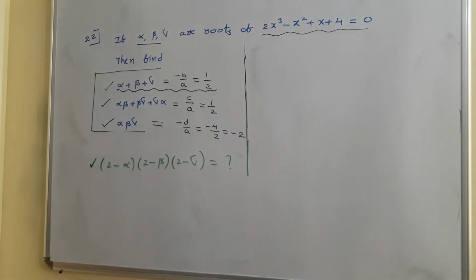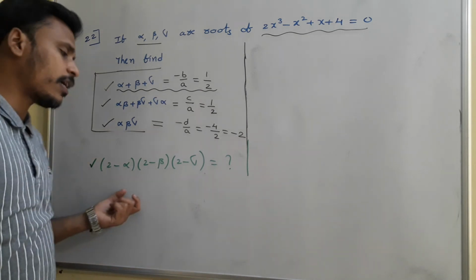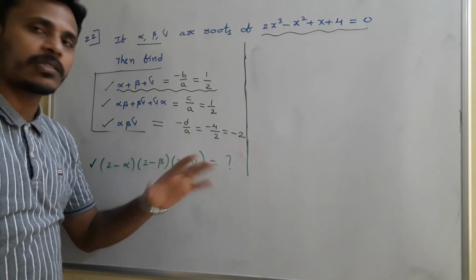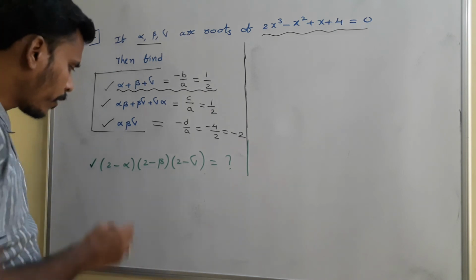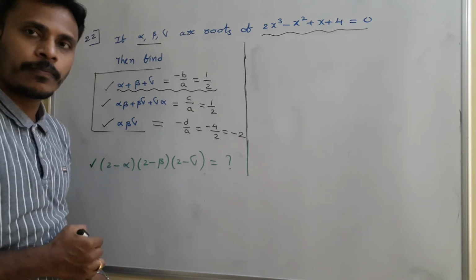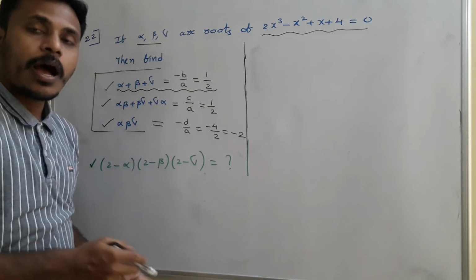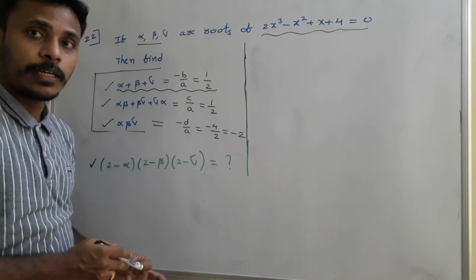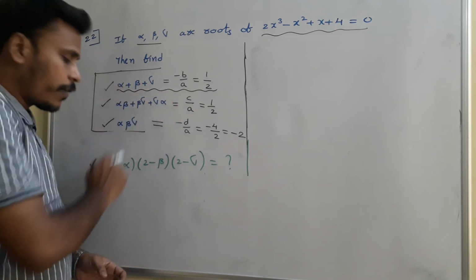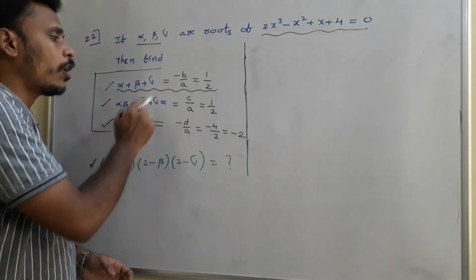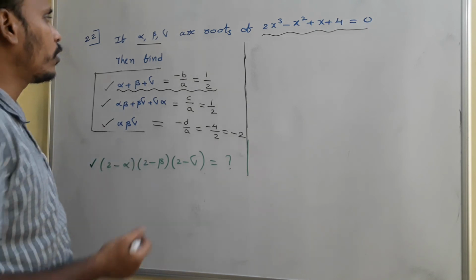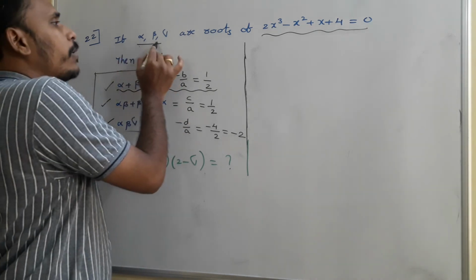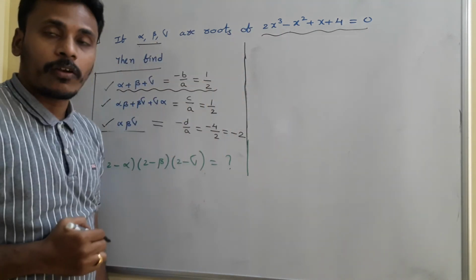So next question is, next I need to find this: 2 minus alpha into 2 minus beta into 2 minus gamma value. See, usually the students may think that if you multiply all these things, in that multiplication alpha, beta, gamma, alpha plus beta, and these terms are involved, you just replace and you will get the answer. That is one way. In another way, alpha, beta, gamma are the roots of this polynomial, right?